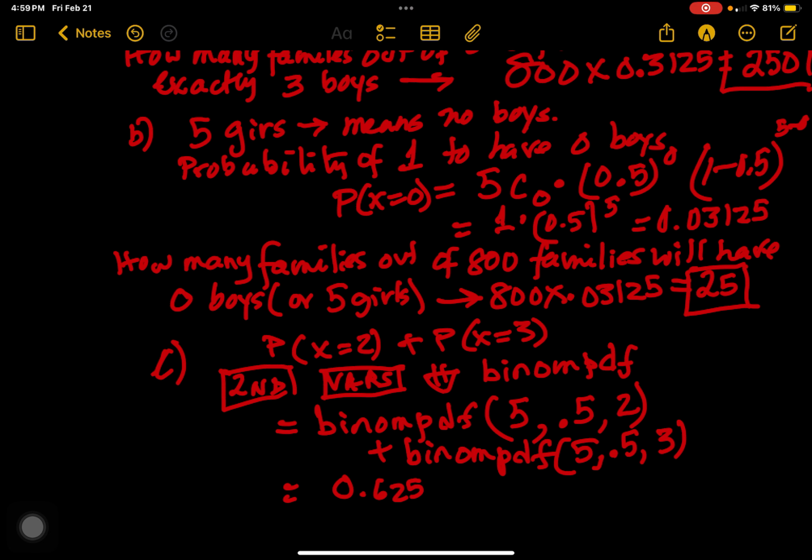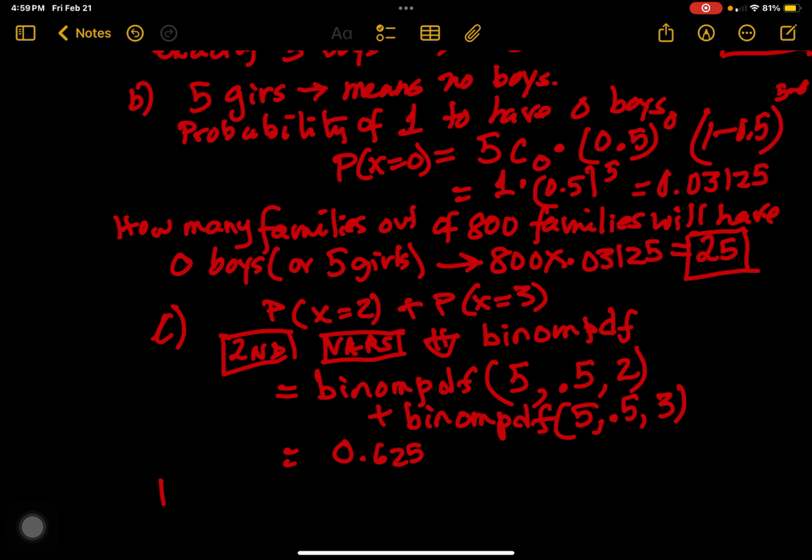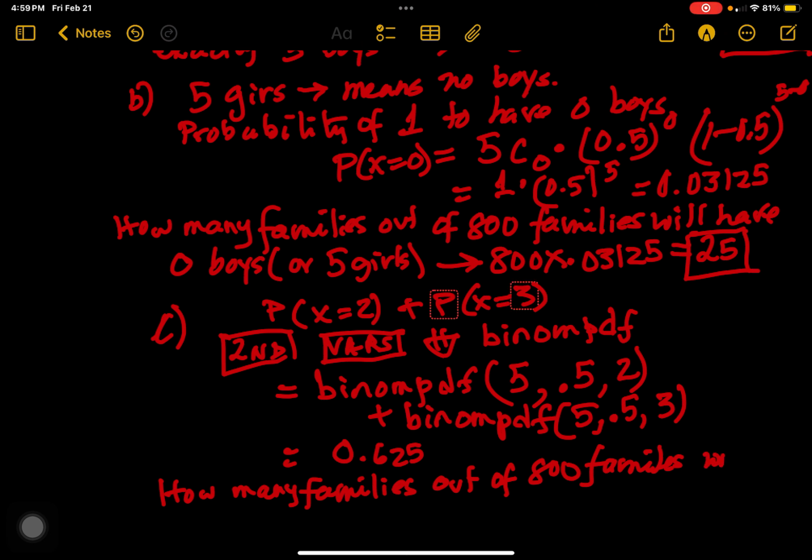0.625. So the question is, how many families out of 800 families will have 2 or 3 boys?